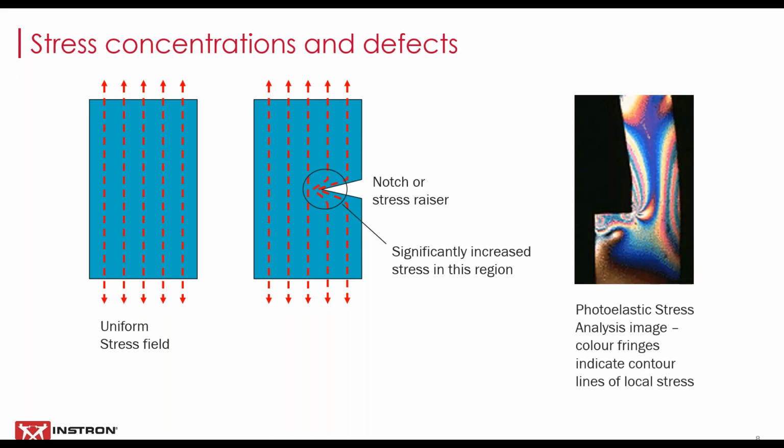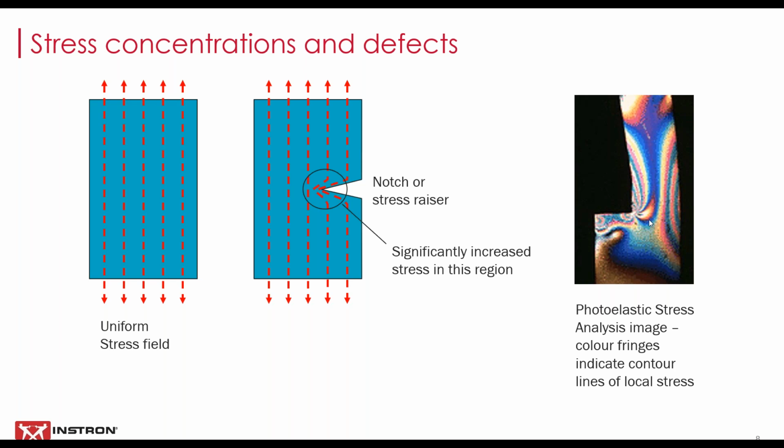And you can visualize this using transparent polymers. People have done experiments for many, many years. You can use optical techniques to show you how the stress intensity builds up. And you look at the colored fringes on this, apologies for the image quality here, on the right-hand side, and you see the denser the series of fringes, the tighter the concentration. And that's that corner there, where you've got this very, very tight concentration of stress.